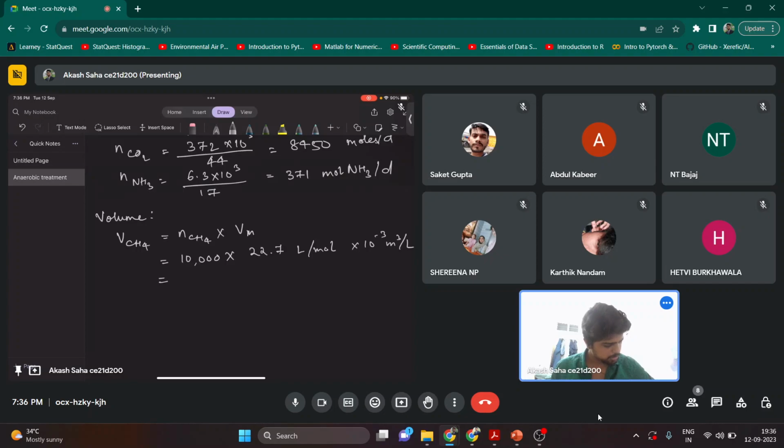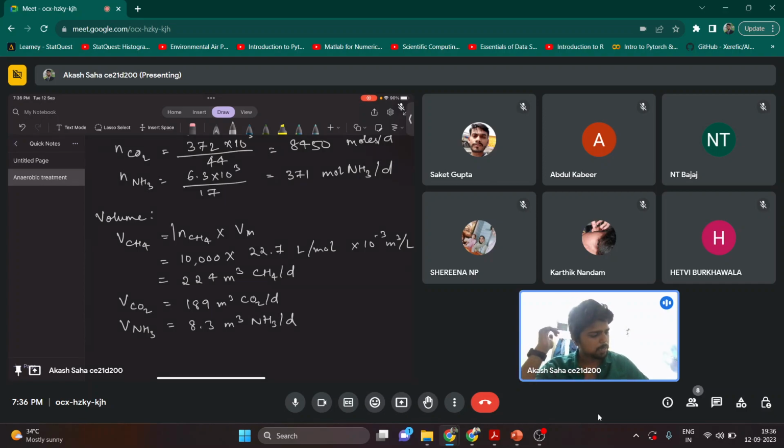So it will turn out to be 224 meter cube CH4 per day. In the same way, I can find out the volume of CO2, which will be 189 meter cube of CO2 per day, and VNH3 will be equal to 8.3 meter cube NH3 per day.